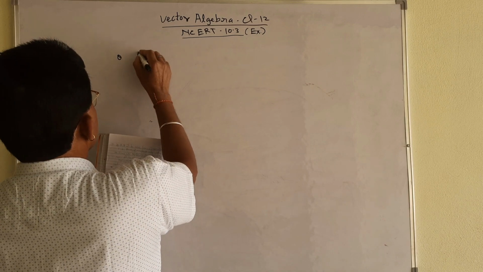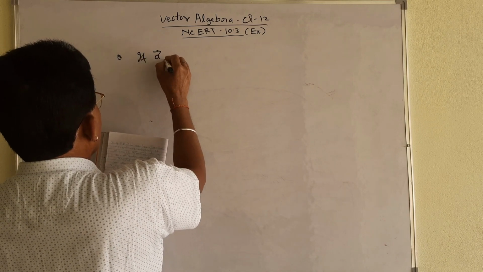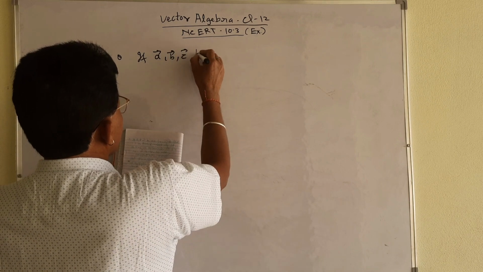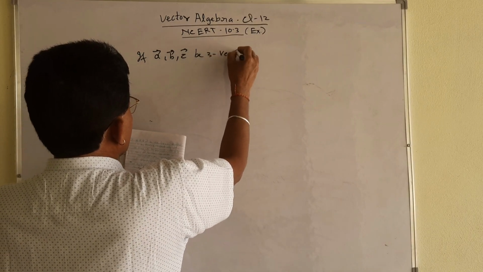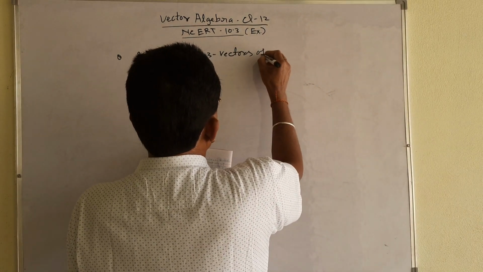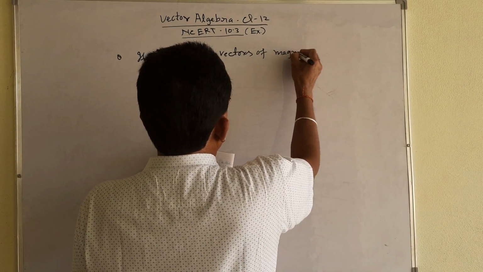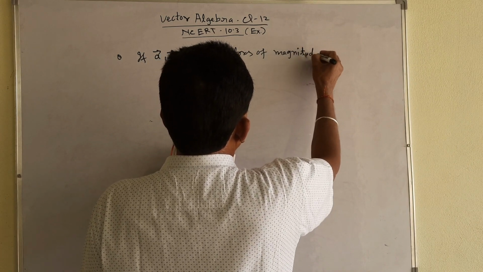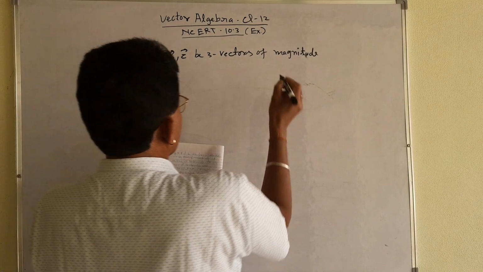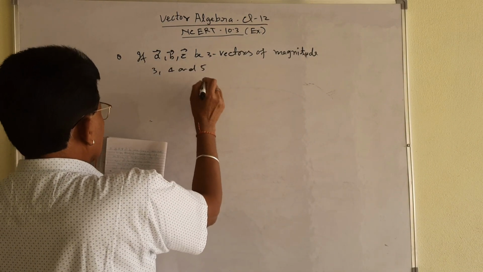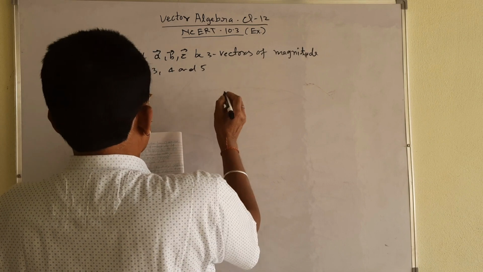If vectors A, B and C, you see these are the 3 vectors, my dear students, of magnitude 3, 4 and 5. These are the magnitudes of these 3 vectors respectively.